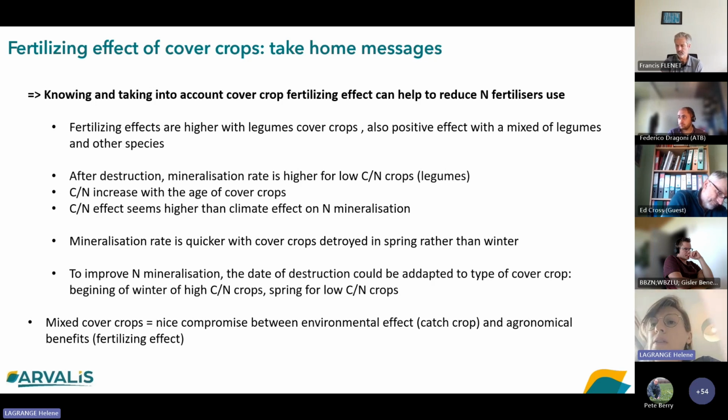And so this can be done by the non-legume crops mainly. And thanks to the mix between legumes and non-legume crops, you can also have the agronomical benefits and the fertilizing effects for the next crops. So that was a quick summary of the cover crop effects.